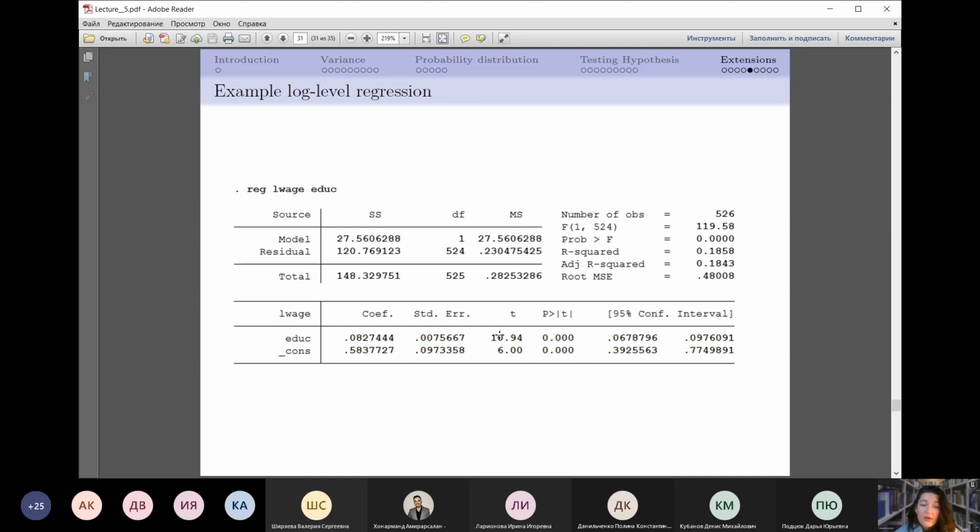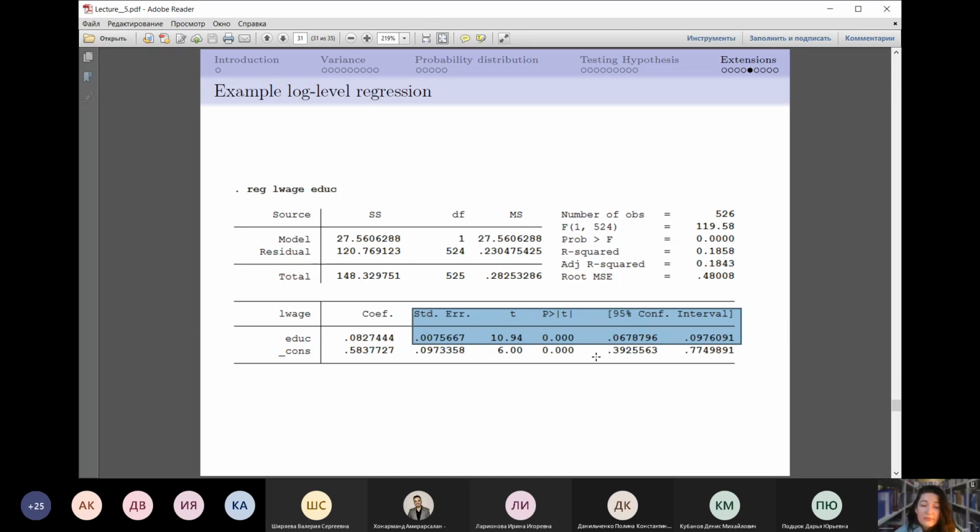So why do we need to check these terms? Before we start our interpretation, first of all, we need to understand if this coefficient is statistically significant. What do you think?